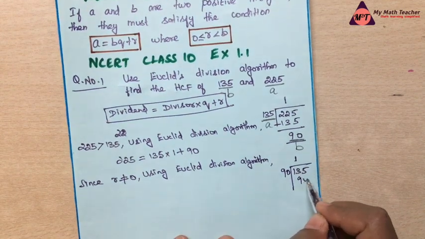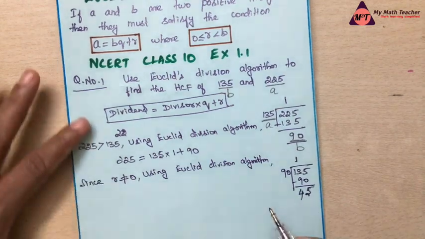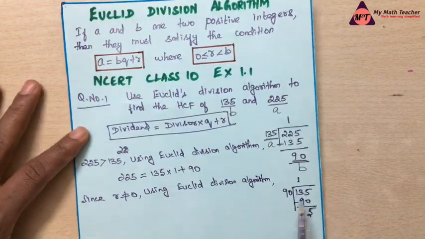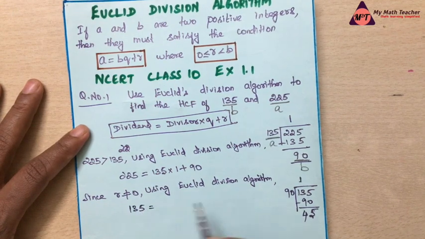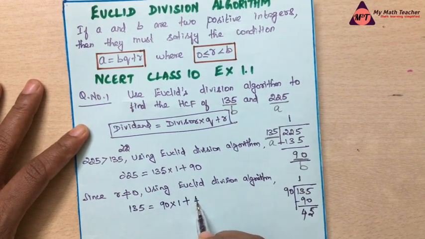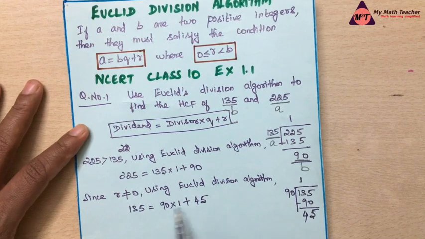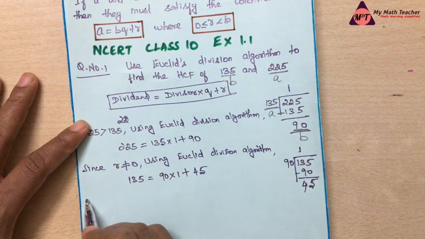So 90, subtract, 45. A is equal to BQ plus R, that is 135 is equal to 90 multiplied by 1 plus 45. 90 plus 45 is 135. So again it is obvious that R is not equal to 0.